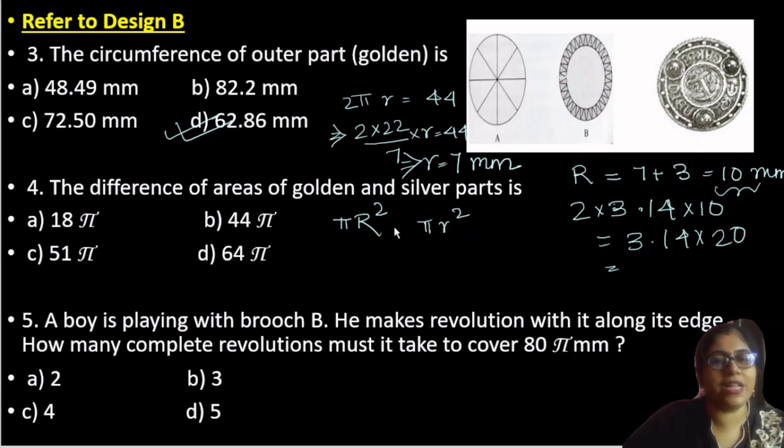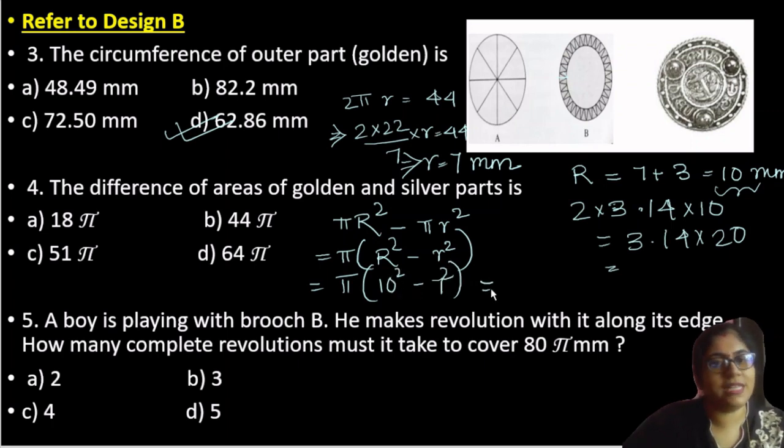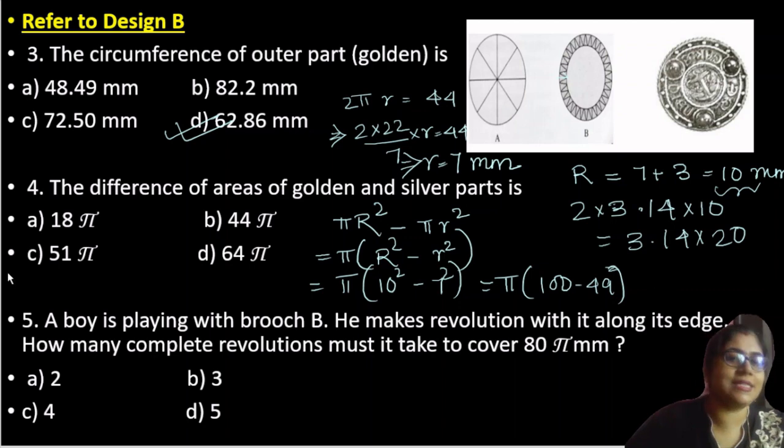So the difference is this minus this equals pi, we take common, capital R square minus small r square. So this is equal to pi into 10 square minus 7 square. So this is pi into 100 minus 49. So 51 pi is the right answer here. Option C is the right answer.